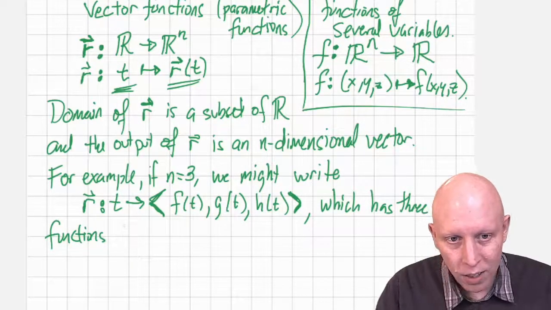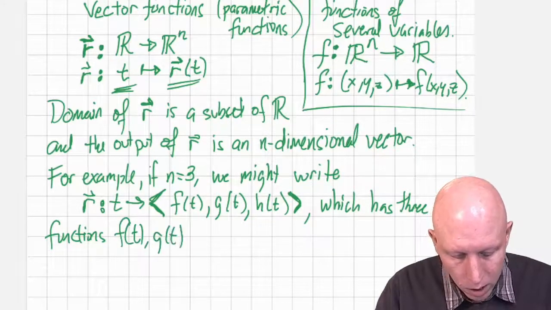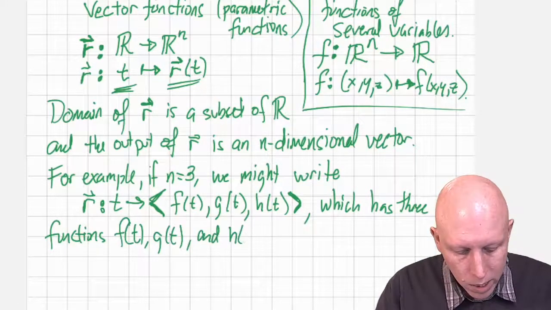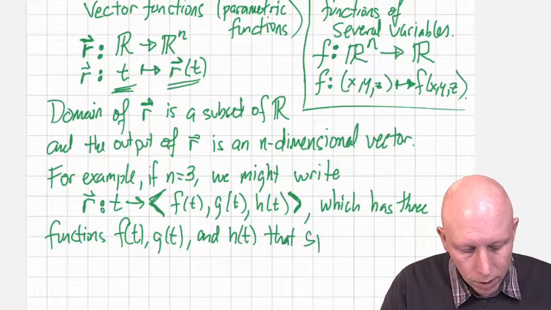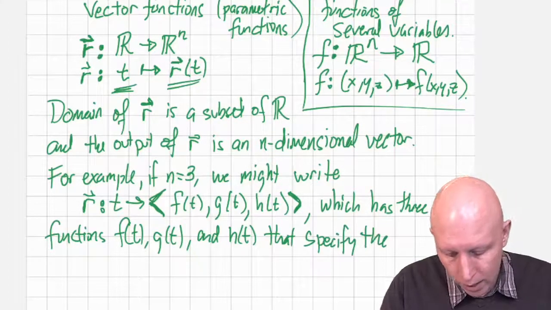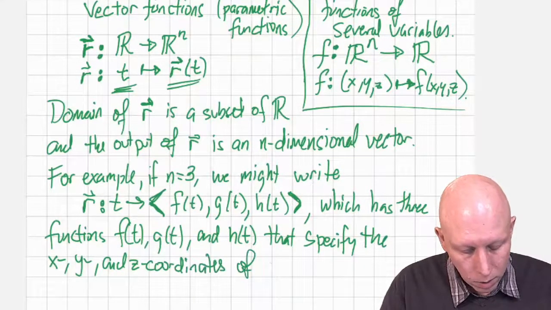These are standard functions, f of t, g of t, and h of t, that specify the x, y, and z coordinates of r of t.